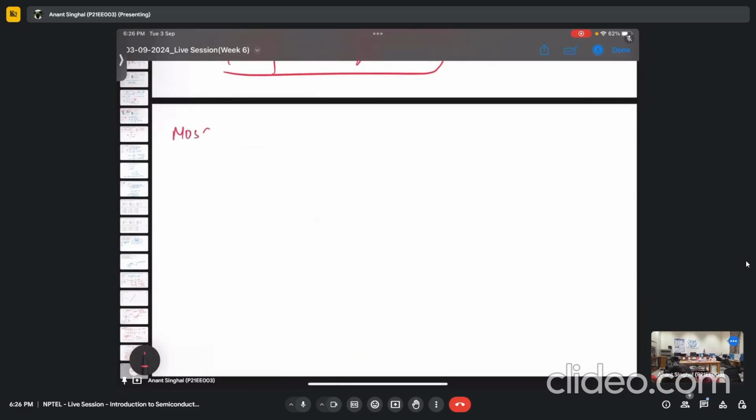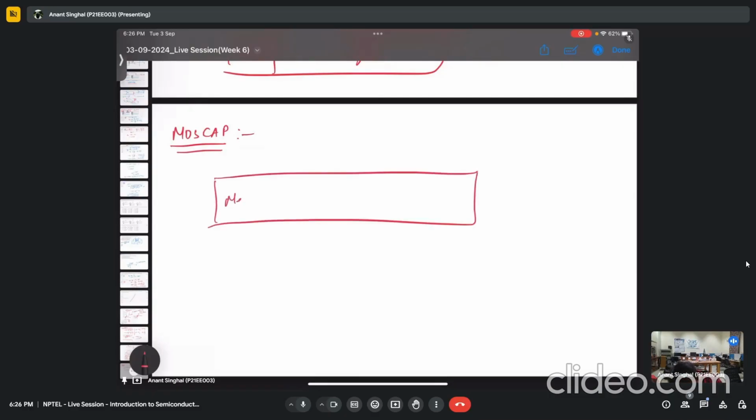So why is this all what we have done? Because of this particular thing, which is the MOS cap, in which we'll be having a metal, an oxide in between, and a semiconductor. So this is nothing but a metal oxide semiconductor capacitor. This cap means capacitor.